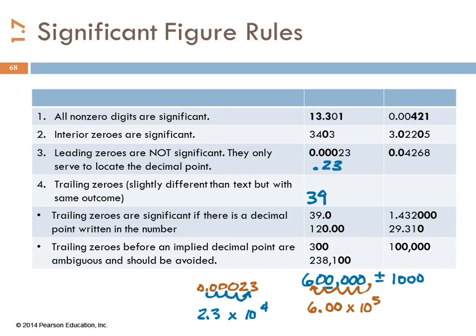We have to decide plus or minus. Small number, small paycheck, negative feelings, negative 4. These zeros went away because we don't need them anymore. And we're not going to add any zeros on at the end because there weren't any here to start with. So we can avoid those ambiguous trailing zeros by using scientific notation. Questions?